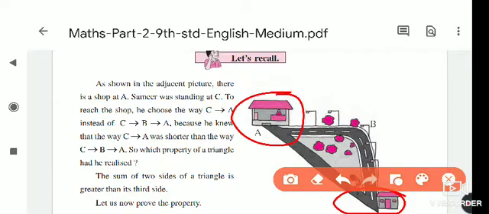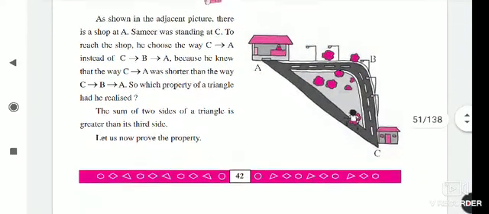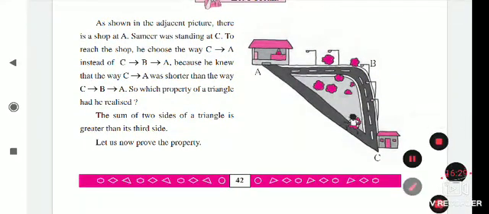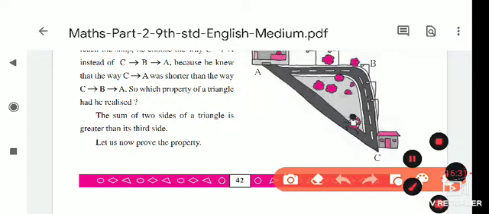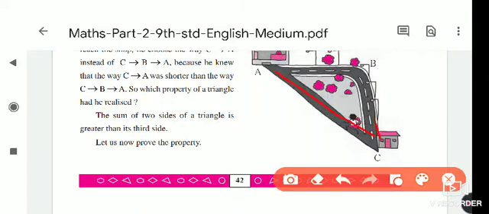To reach the shop, the way C to A is the direct way, and the other way is C to B and B to A. From this, what is given here? He knew that the way C to A was shorter than the way CBA, meaning AC is shorter than CBA.